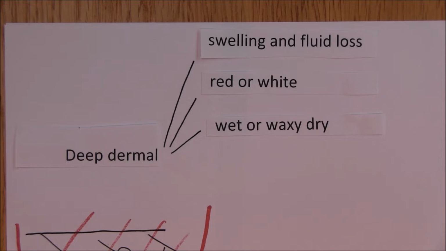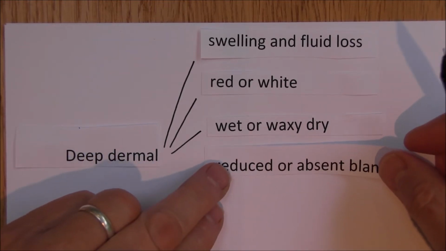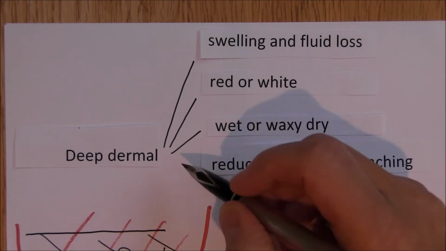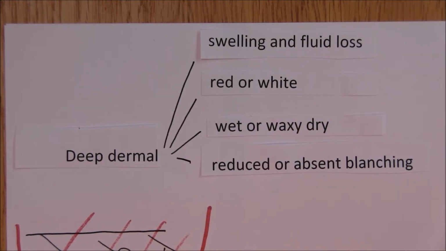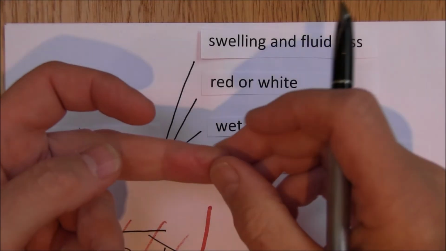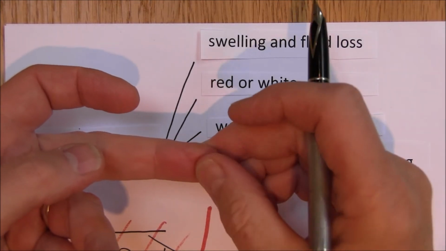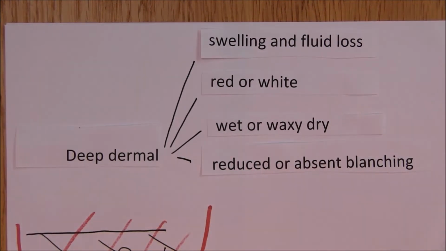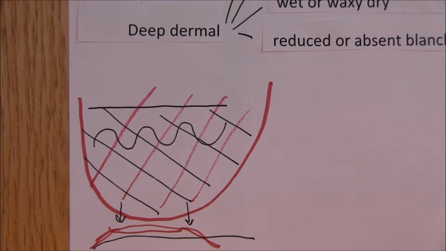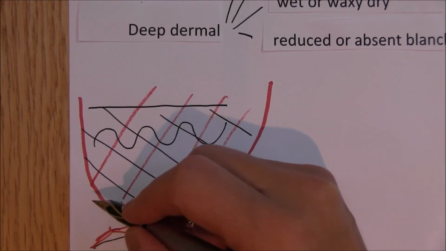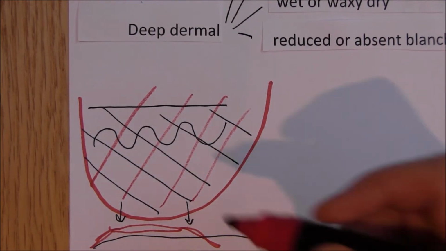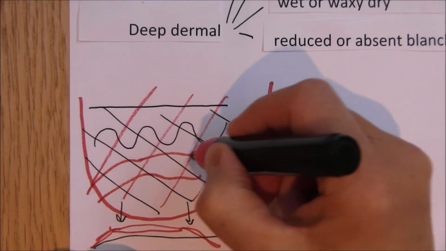And given that a lot of the blood vessels have been damaged, we're going to get reduced or absent blanching. So the blanching effect is going to be reduced. The reason for that is the blood vessels here, which would have blanched normally, are just burnt away.